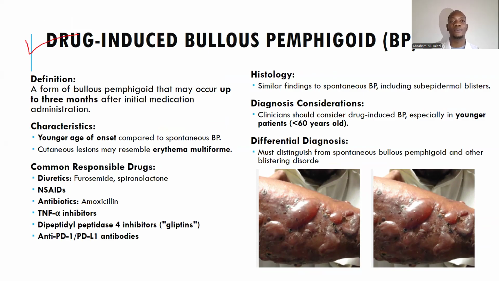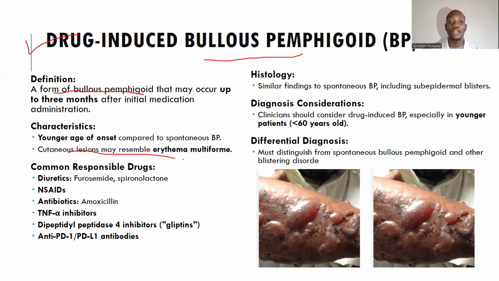I told you that all the blistering conditions can be triggered by drugs. So in this case, you'll get bullous pemphigoid-like lesions, but with a history of a drug causing the trigger. Someone will get very tense blisters that can affect almost the entire body.